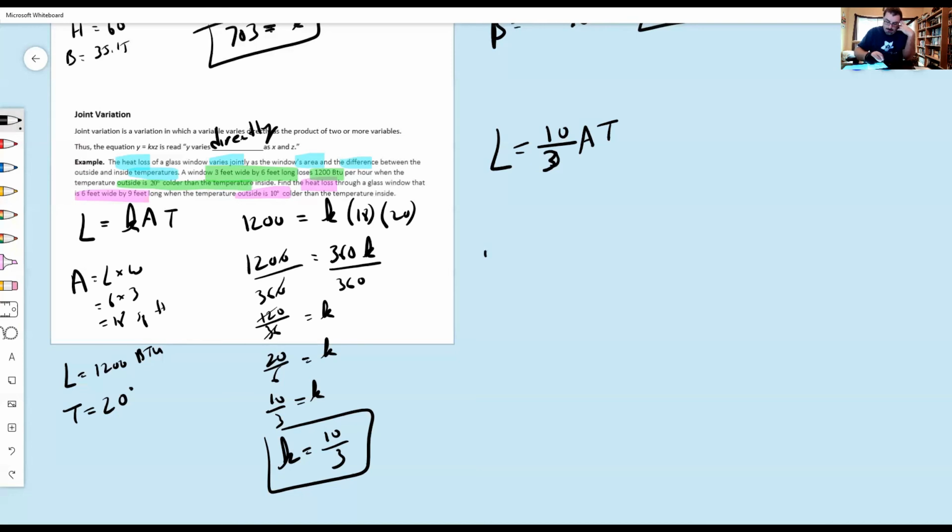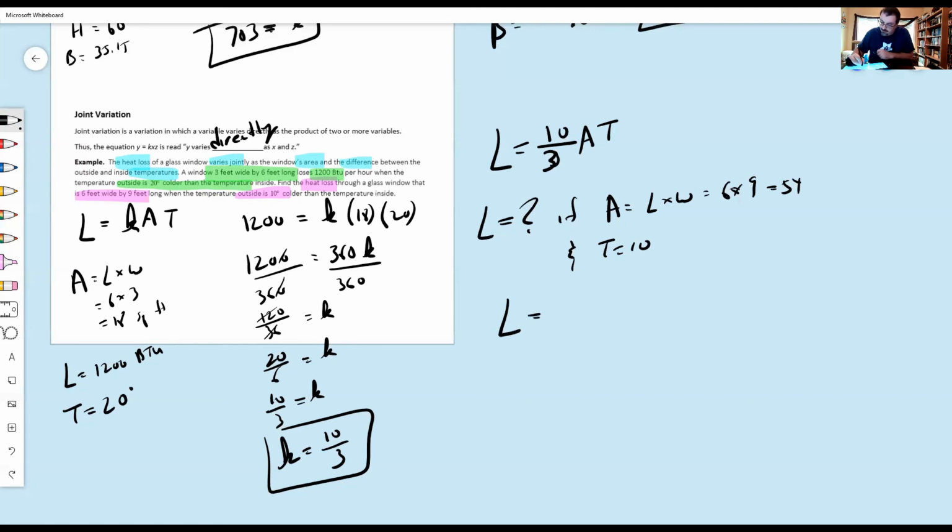So L equals what? The area, length by width, will be 6 by 9, 54, and temperature is 10.